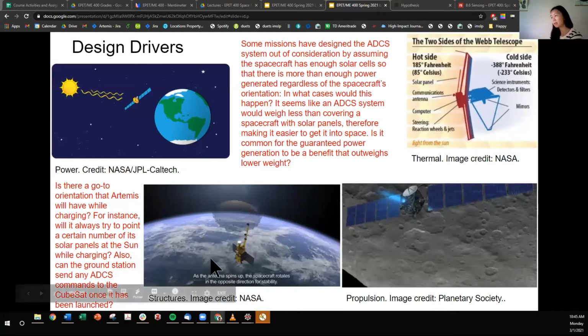For structures, for SMAP, for example, we were talking about flexible appendages. That large antenna mesh is rotating, so the ADCS needs to compensate for that rotation by rotating the other way. And for propulsion systems, we've already talked about you need to point your thruster in a certain direction to align it with, say, the velocity vector.